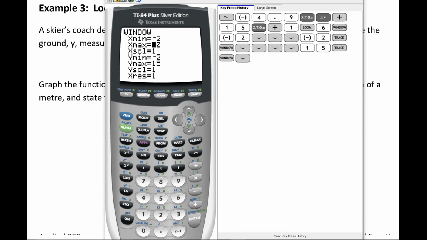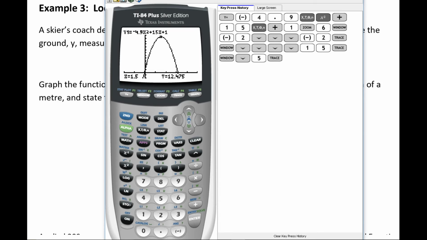So let's change that to maybe 5. And there you go. You're using up more of that space to see what's going on. And by doing that, you're actually also starting to look at your domain and range of the function because you're starting to get a sense of where this graph lives on the coordinate plane.